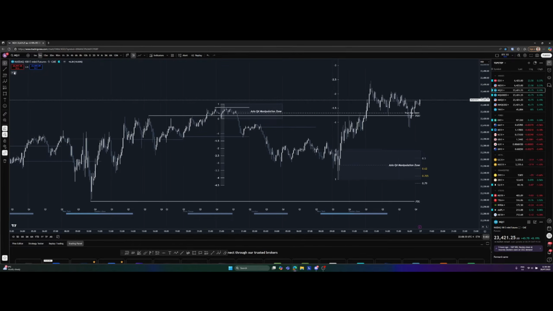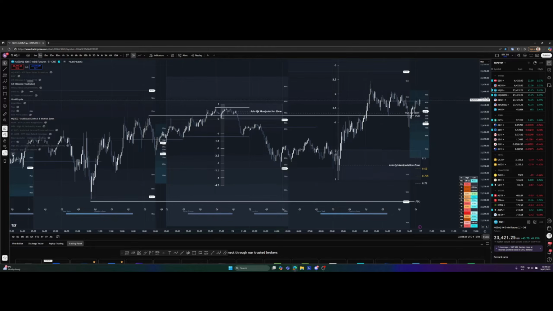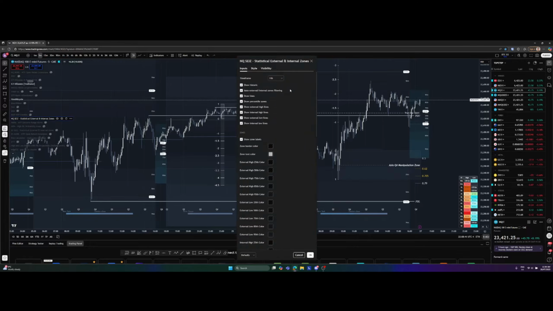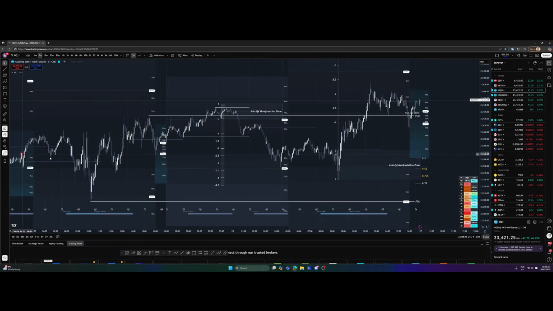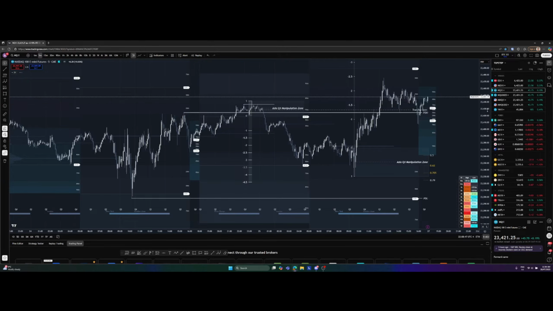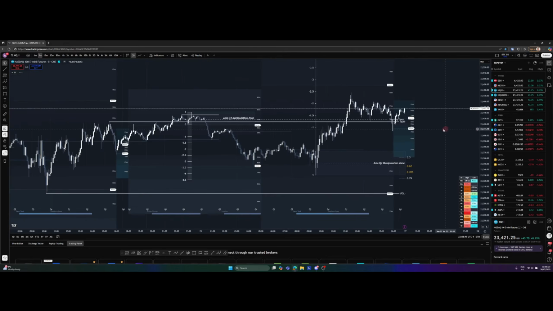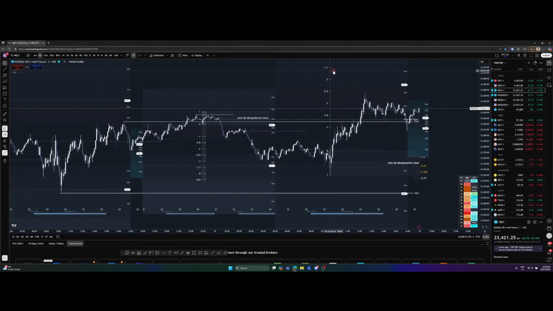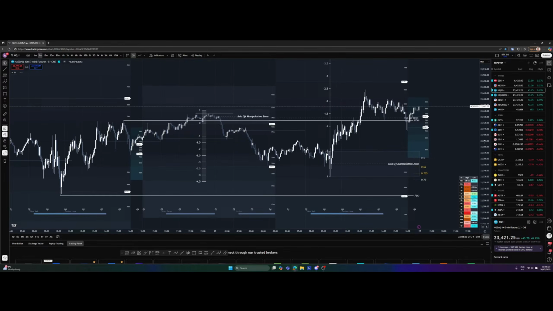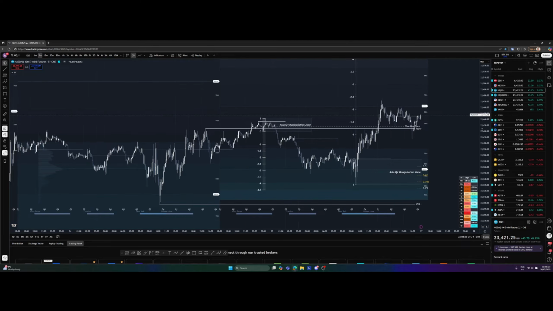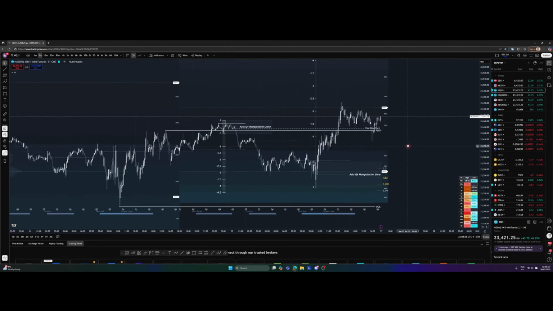And we're going to quickly turn on C's, and we want to look at the daily. So if we go into settings here, we can change this to the daily. And let's see how far down that got. Normally for bullish continuation, we're looking for price to come back into the internal range.